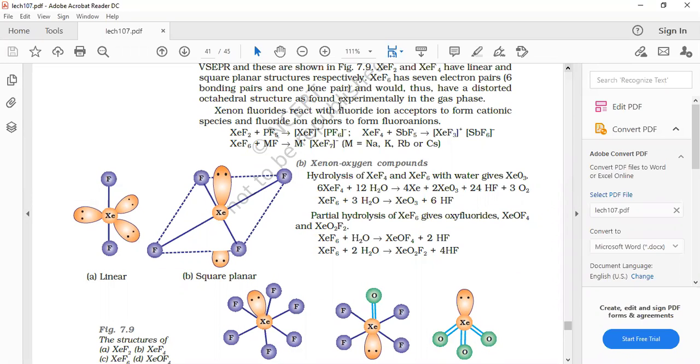Xenon fluorides react with fluoride ion acceptors to form cationic species and with fluoride ion donors to form fluoroanions. See, XeF2 with PF5 gives XeF plus.